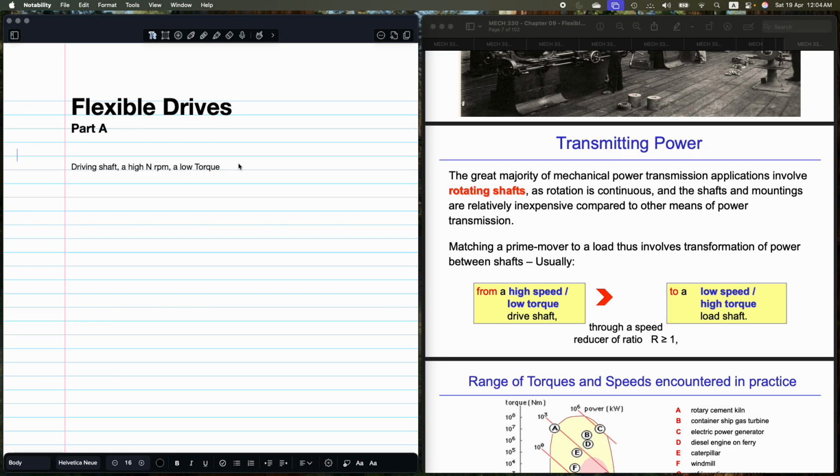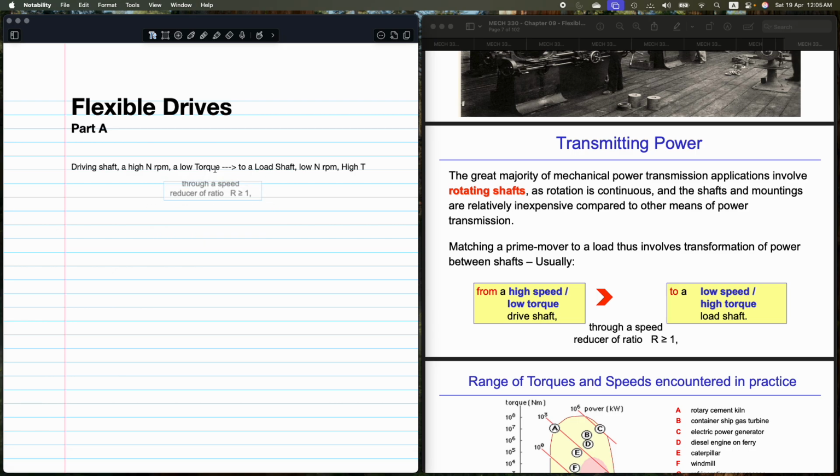This goes on to be reduced to a load shaft with a low RPM and high torque, through a speed reducer with ratio R greater than 1. So I'm just going to yoink this from here to here. Let's bring this over here.